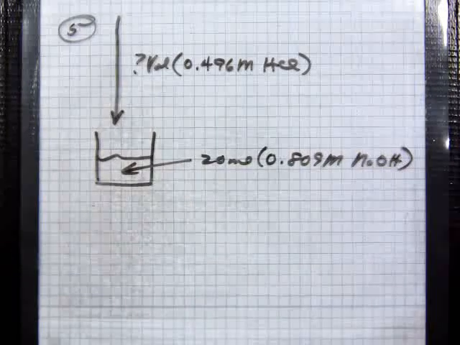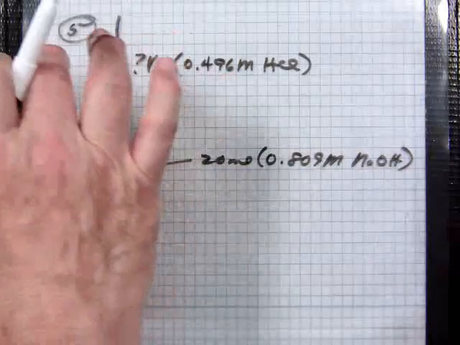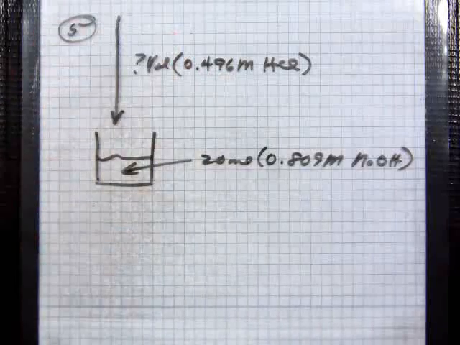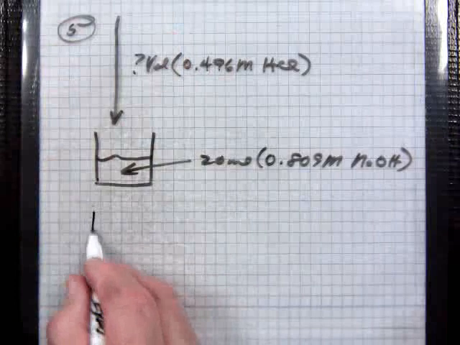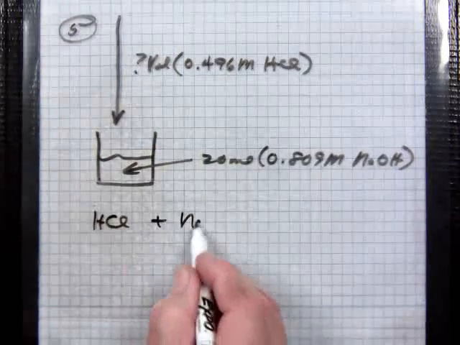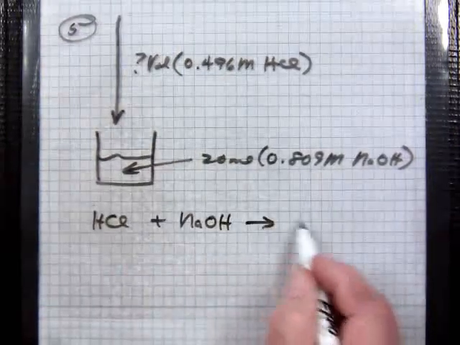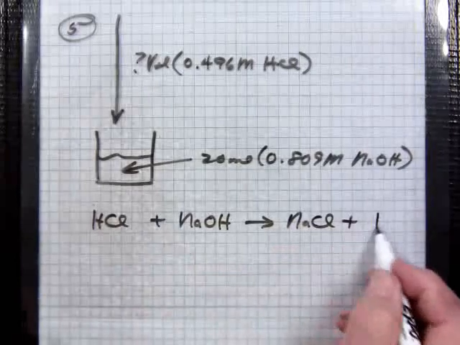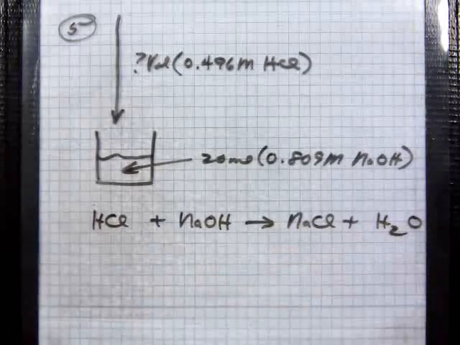So what you're doing is you've got your two reactants separated. One is in the burette and the other one is in the beaker. And so you have, say, an HCl plus NaOH reaction, going to NaCl plus, of course, H2O.